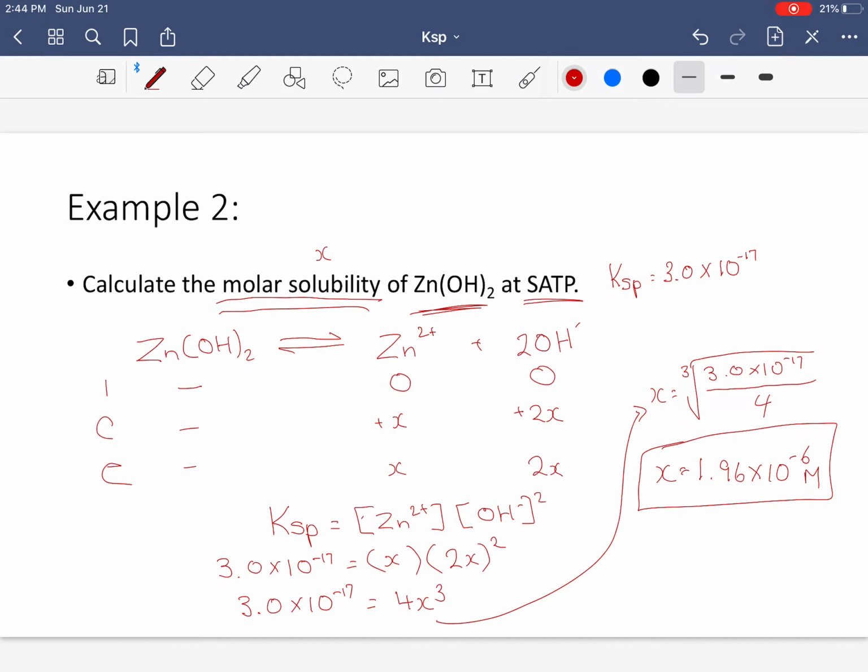So what that means is that it takes 1.96 times 10 to the power of negative 6 moles per 1 liter of solvent to reach saturation point. If you want to know what that is in grams, feel free to multiply this number by the molar mass of zinc hydroxide, and you know how many grams of zinc hydroxide you need for it to no longer dissolve in 1 liter of water.